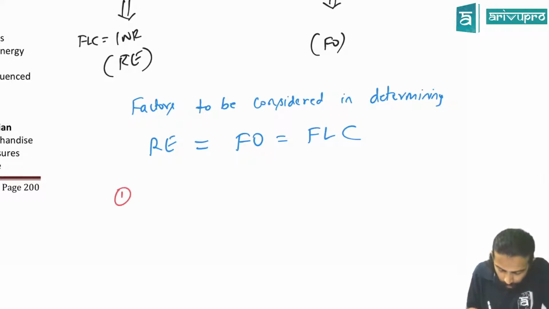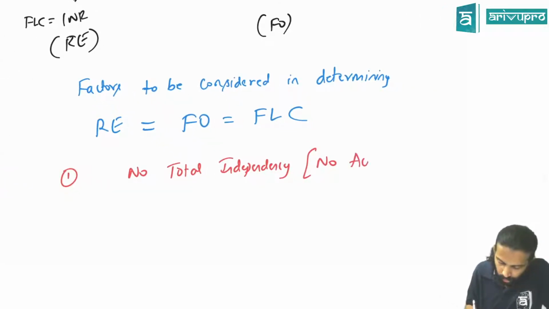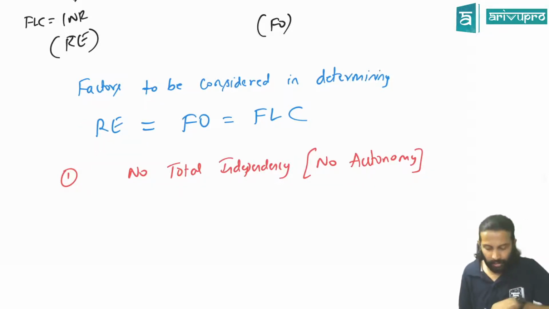First, no total independency or no autonomy. RE is reporting entity here, not retained earnings. Whenever we use RE in the standard, it is reporting entity.